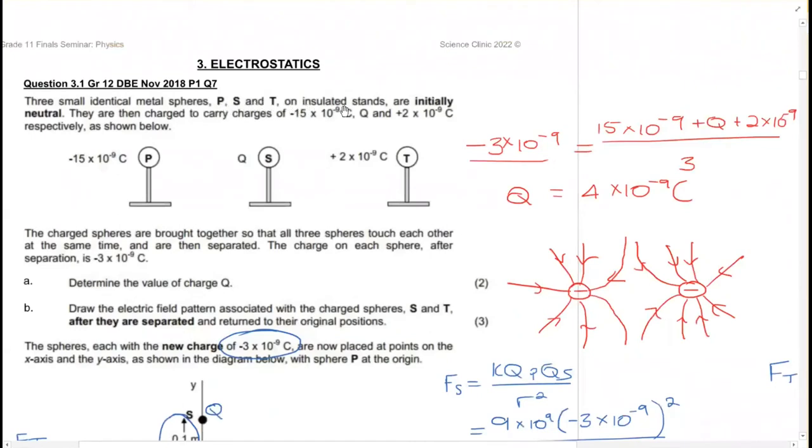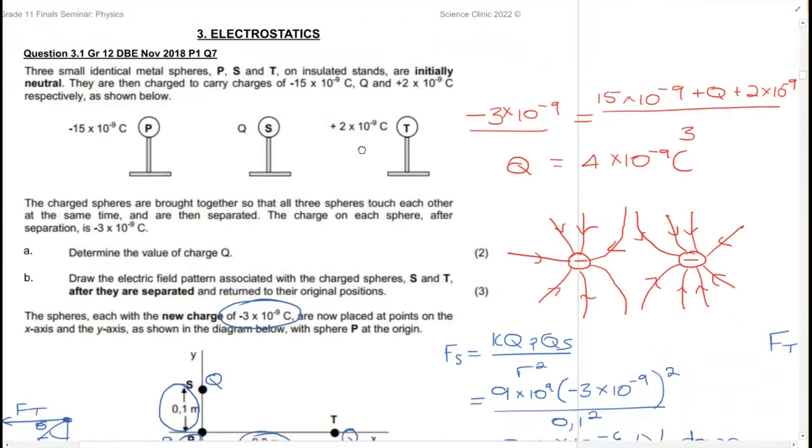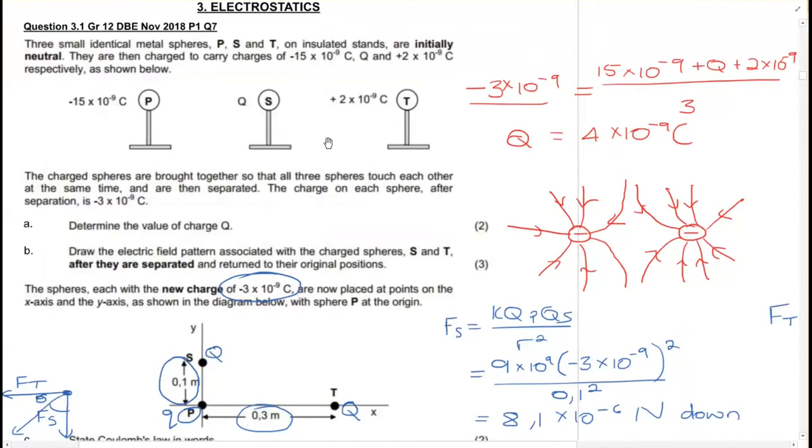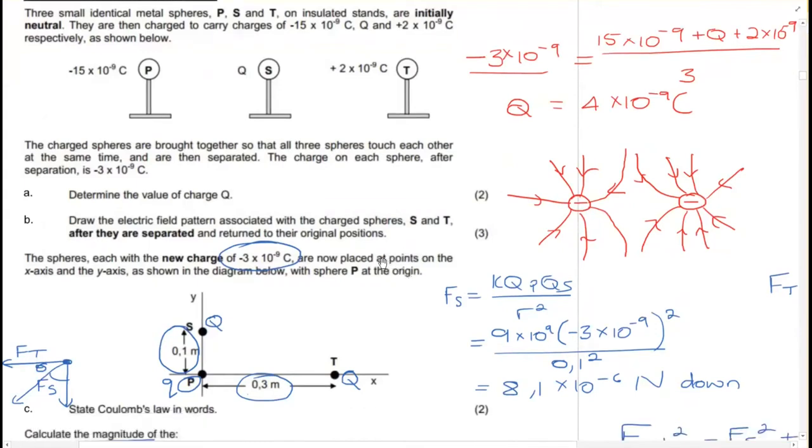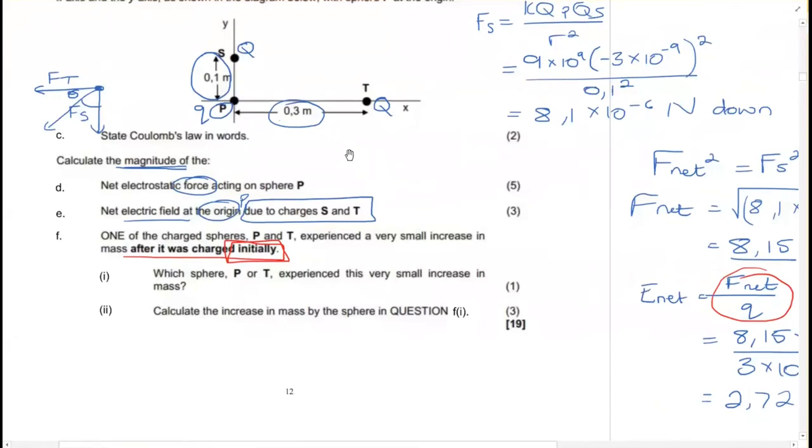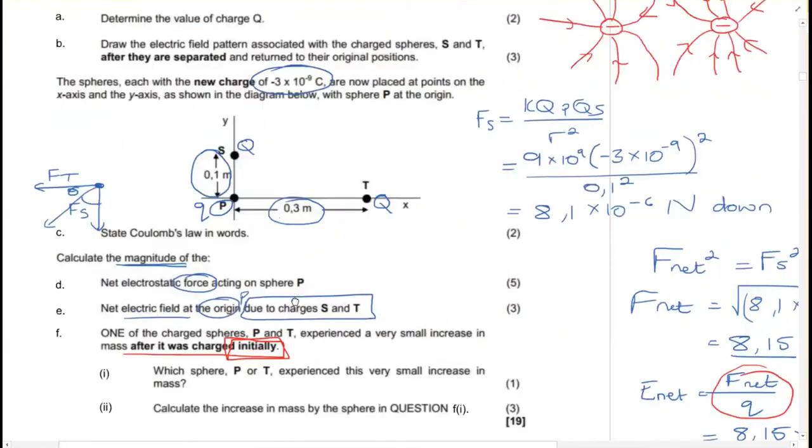P, S, and T on insulated stands are initially neutral. Then they get charged by minus 15 times 10 to the minus 9 coulombs and 2 times 10 to the minus 9 coulombs. So which sphere experienced an increase in mass?